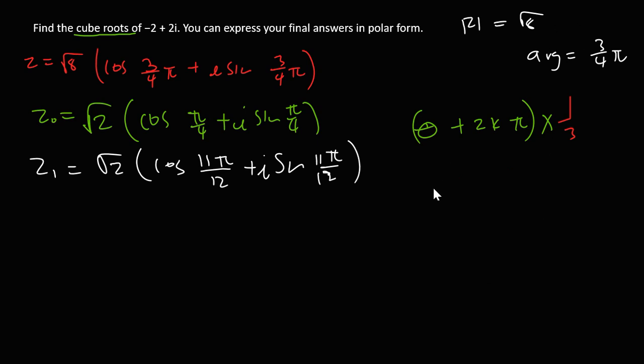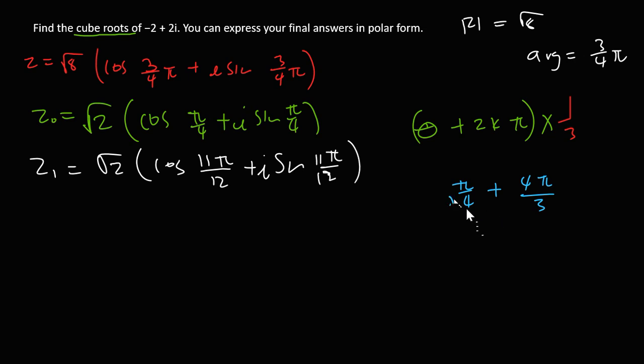Okay, let's try it for, what if now k equals 2. If k equals 2, this one won't change. This one I already divided by 3. It will be pi over 4, and the only thing that will change is the pi plus, and the k will be now, it was 1, it's going to be 2, right? So we'll have 4 pi all over 3. Okay, so now we add here, then we do the same thing as the one that we did.